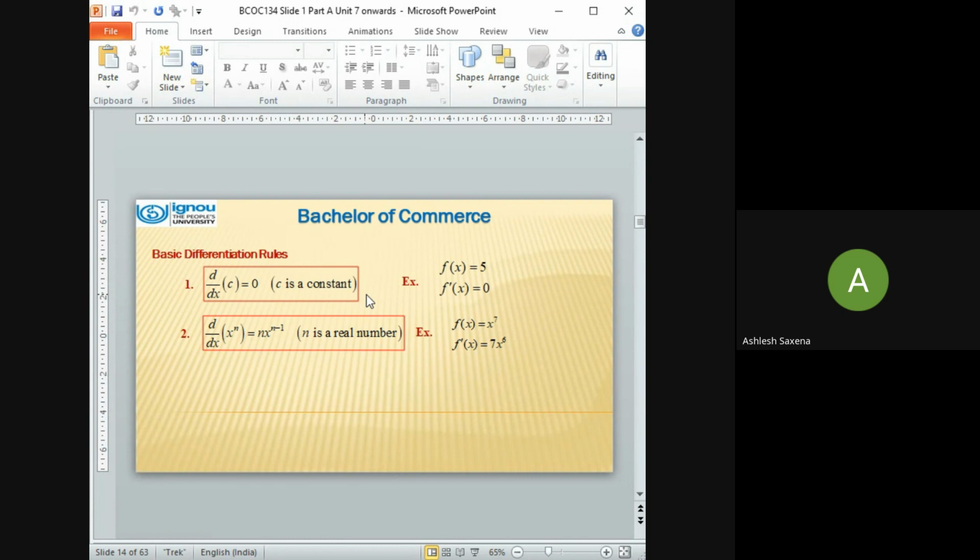Suppose we have to find the derivative of x to the power 100. Your problem was x raised to the power 100. It will be 100 into x raised to the power 100 minus 1, that is 100 x raised to the power 99.